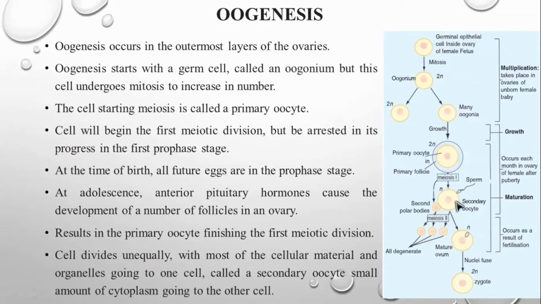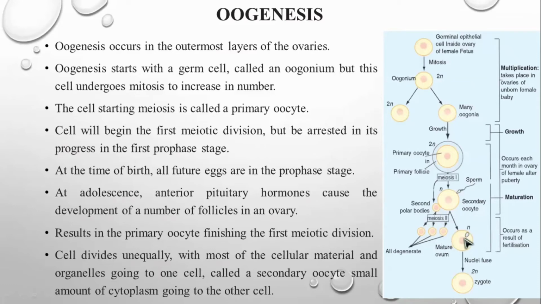So when the sperm reaches the ovum, the egg, or secondary oocyte, is converted into a matured ovum. The head of the sperm is injected inside that secondary oocyte, and then it becomes a matured ovum.